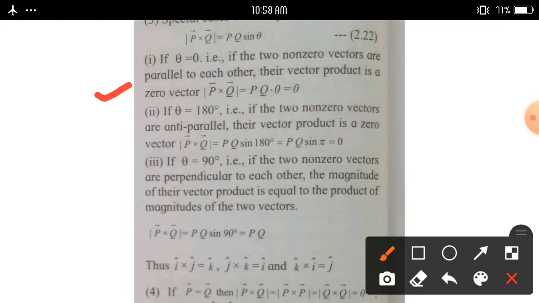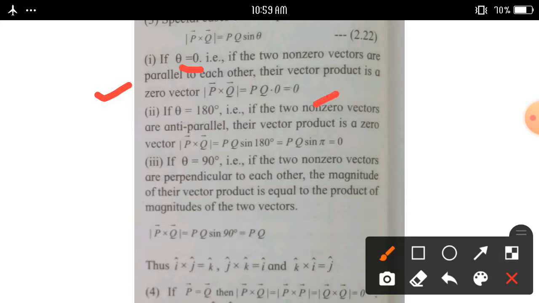If theta is equal to 0, then we can write the magnitude of p bar cross q bar is equal to pq sin 0, because sin 0 is equal to 0. Then pq into 0 becomes 0.